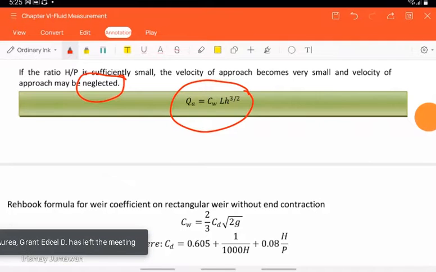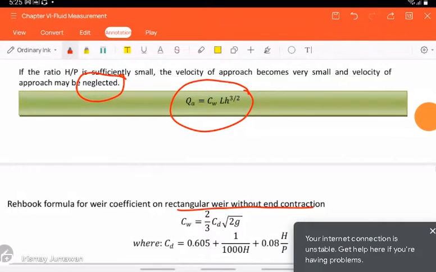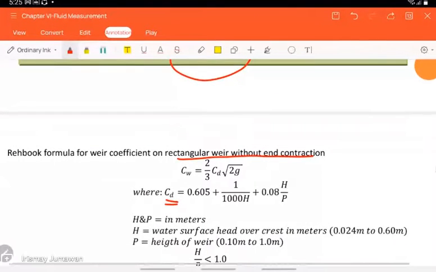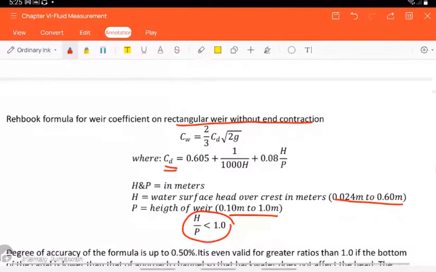So one is Rehbock, and Rehbock came up with a formula for the weir coefficient for the weir without contraction. So he said that the value will be this one if the weir height is from 0.24 meters to 0.6 meters, the head of the water surface over the weir, and if the ratio of the H over P is less than 1.